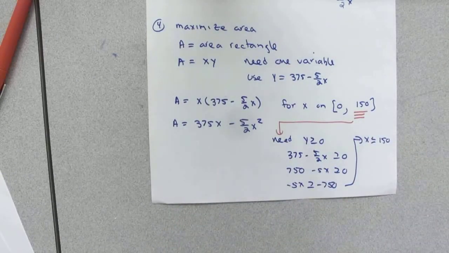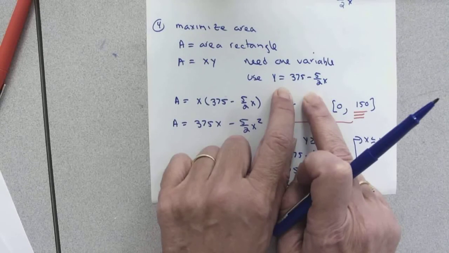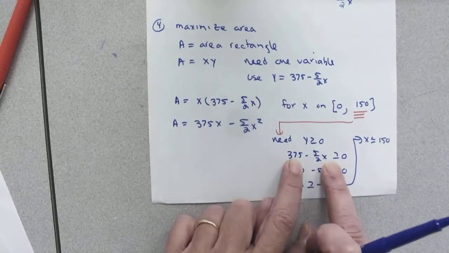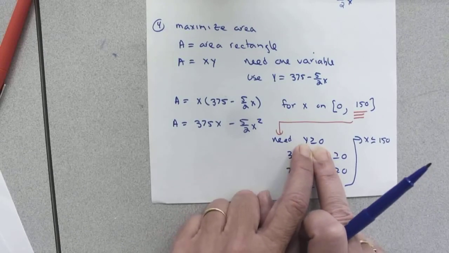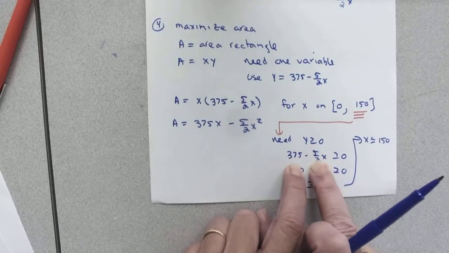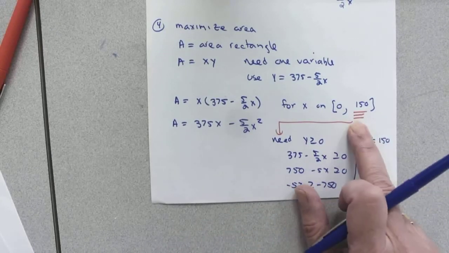Positive because all these things are going to be physical situations where negatives don't make any sense. So I want to make sure that my secondary variable is positive. Again, not going to worry about the or equal to. So y greater than or equal to 0. There's my expression for y. Get that? There's my other interval of values.